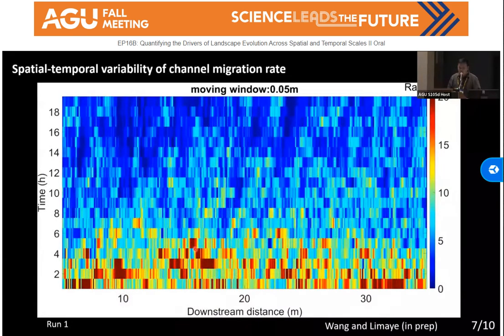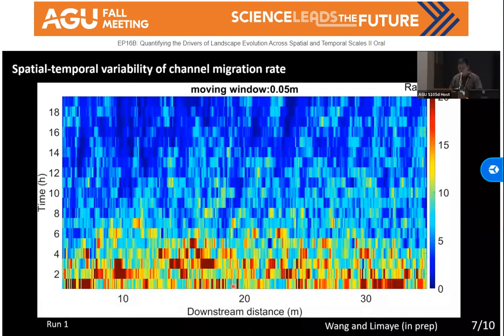Now I show the detailed spatial temporal variability of the channel migration rates. In this heat map, the x-axis is the downstream distance, while the y-axis is the time, and the color indicates the migration rate, with red indicating a higher rate and blue indicating a lower rate.